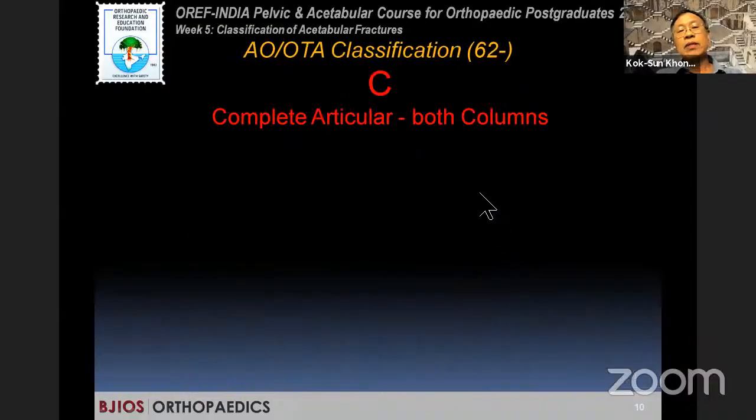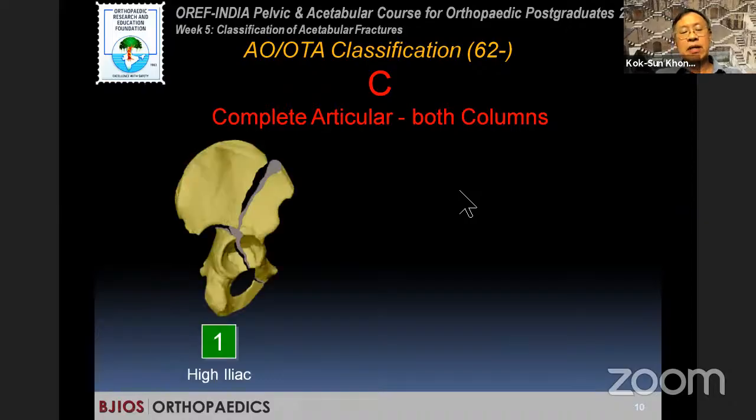Then we come to the C-type fractures, which is the complete articular or both column fractures or bicolumnar fractures. So you have the first type, which is the high type, C1, right? The fracture goes through from the crest of the ilium, reaches down to the sciatic notch, but does not join with the acetabulum. Then the posterior column is separated from the sciatic buttress, and the anterior column is separated from the sciatic buttress.